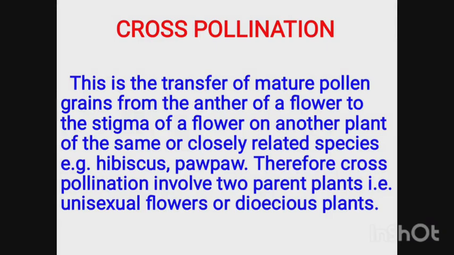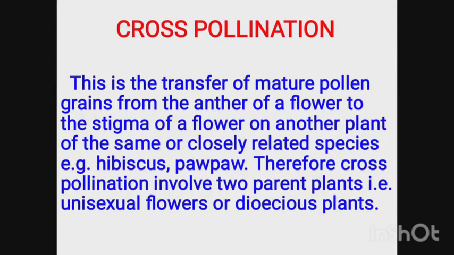Now, cross pollination occurs in flowers that do not have both the male and the female reproductive organ. Some of the flowers have only the female reproductive organ, while some have only the male reproductive organ on the flower. We call those kinds of flowers unisexual, or what? Dioecious flowers.